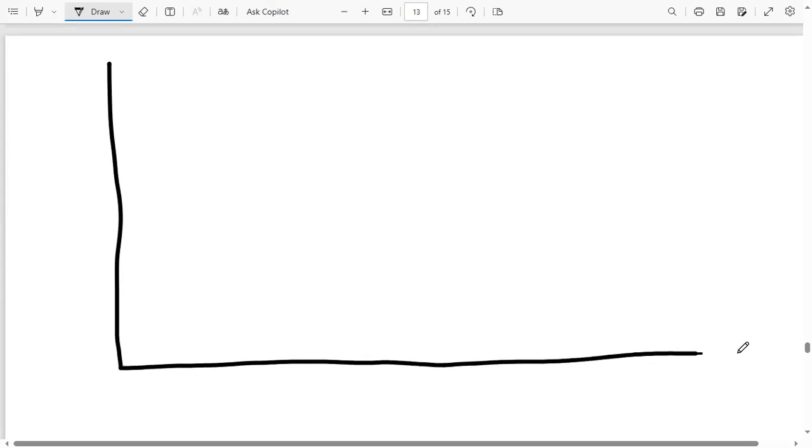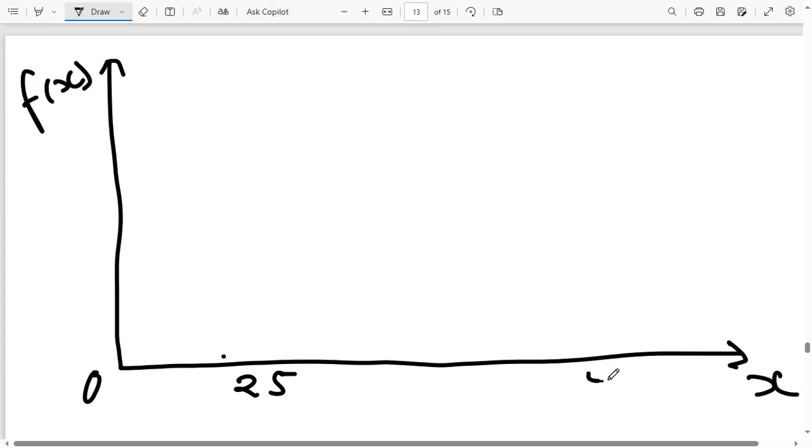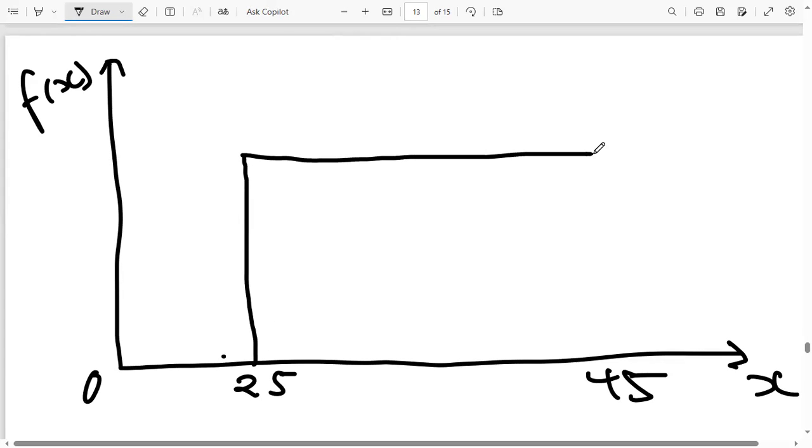So uniform distribution means on this side, I have the values for the f of x, and on this side, I have the values for the x. For the x, I can put 25 somewhere there, and then 45 somewhere there. To sketch it, I go up a height of 1 over 20, then go across, and then go down.